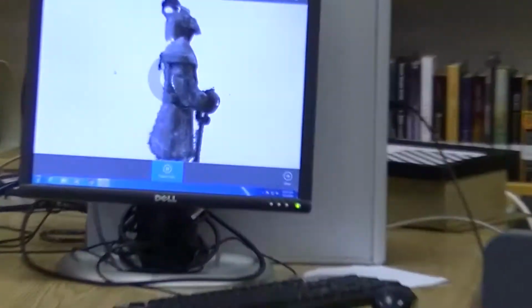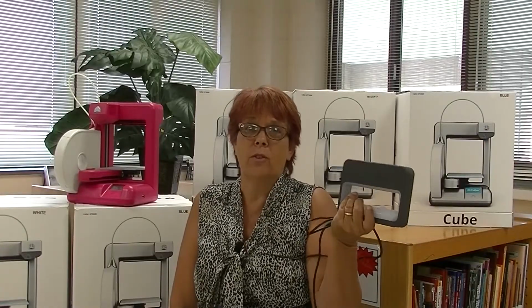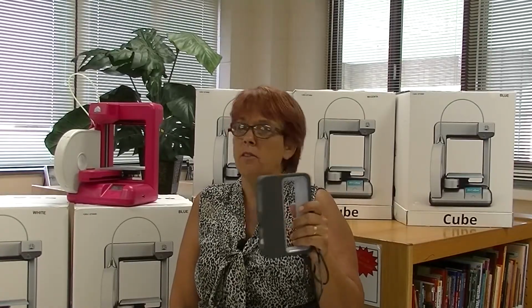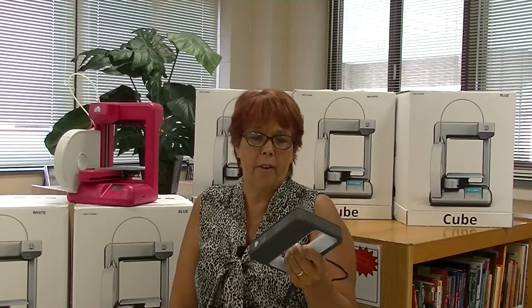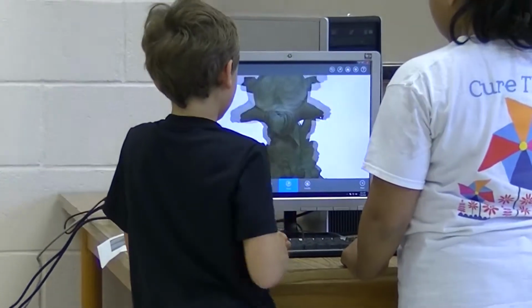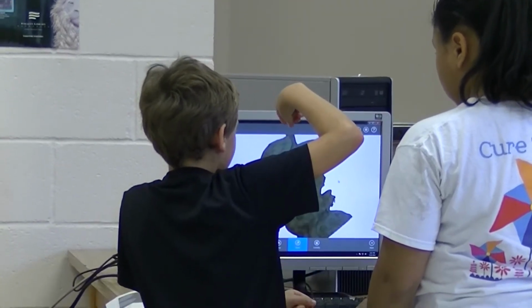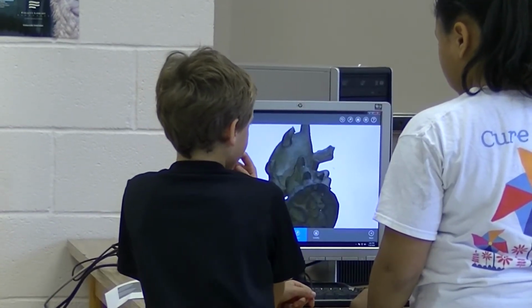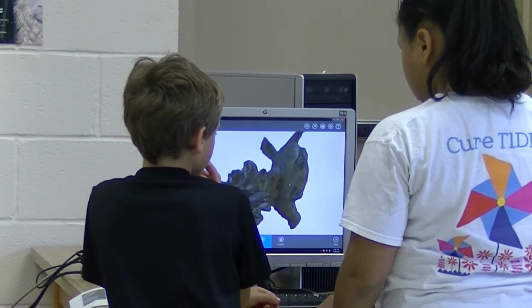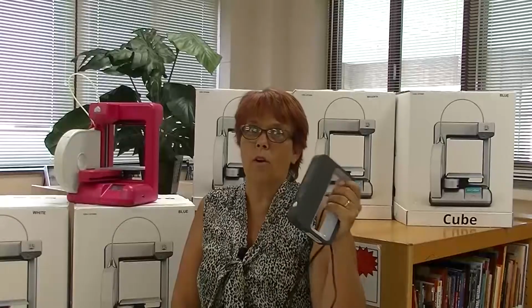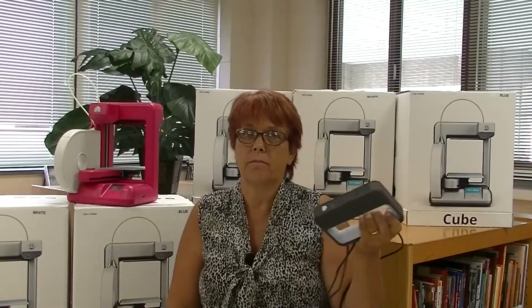But if you have no eye-hand coordination, what a great tool, because it doesn't matter that I missed half of his face, because I could go back and do it again. But this is a great tool if you have kids that struggle with eye-hand coordination. They learn how to coordinate their eyes, their mind, the scanner, the computer, and their object. But that eye-hand coordination is the most important piece.